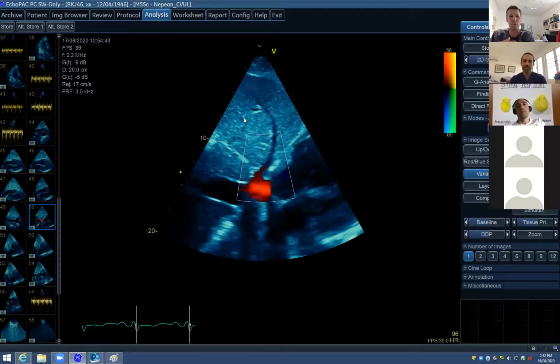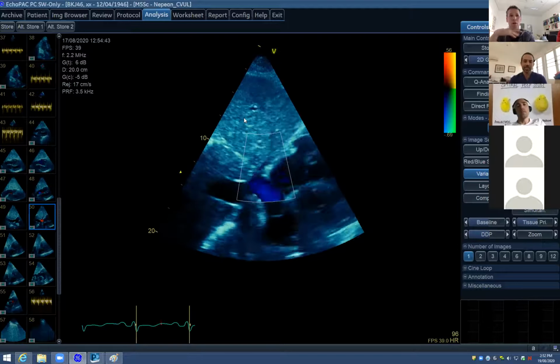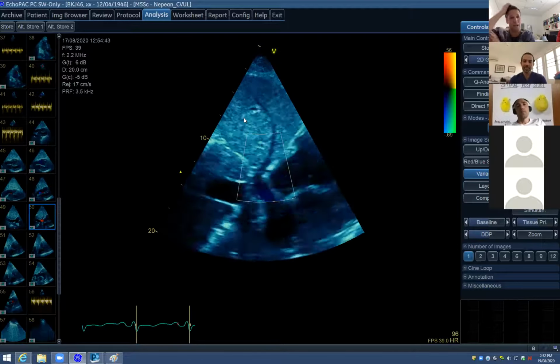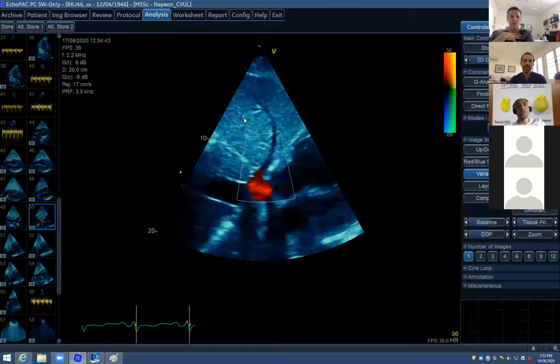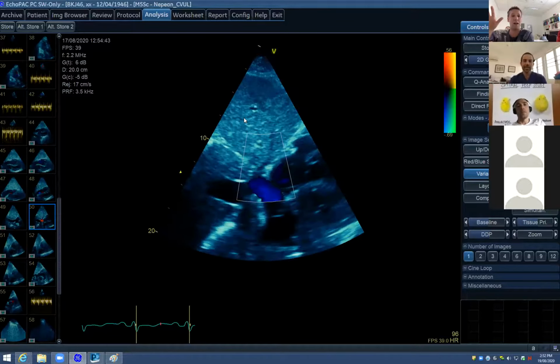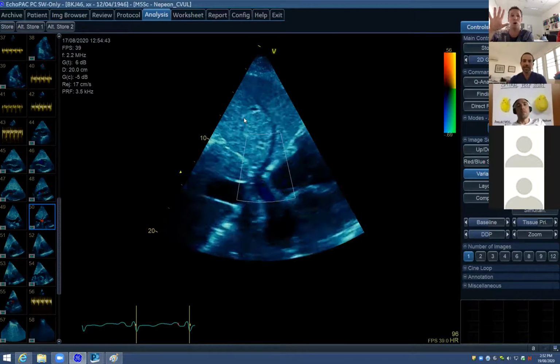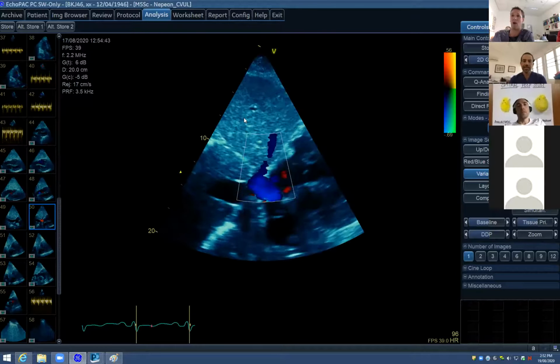There's been no peripheral signs. He managed to keep his preload quite low. I think it's a really elegant representation of how the heart can adapt, and how this is a physiological response to the increased pressure that we're generating in his chest. This is how the RV has coped with that, and his heart has done a beautiful job of keeping his cardiac output normal.